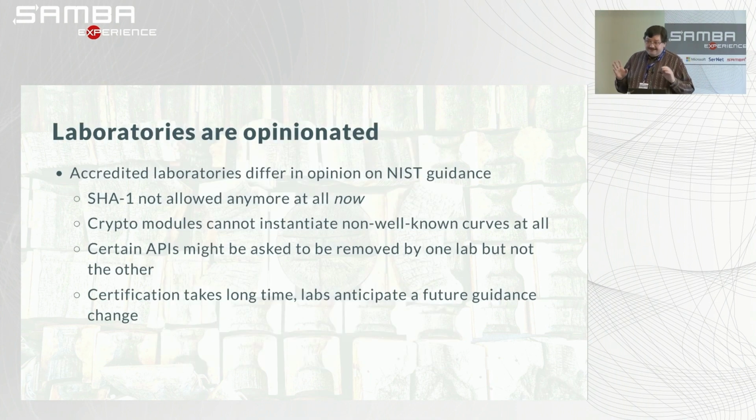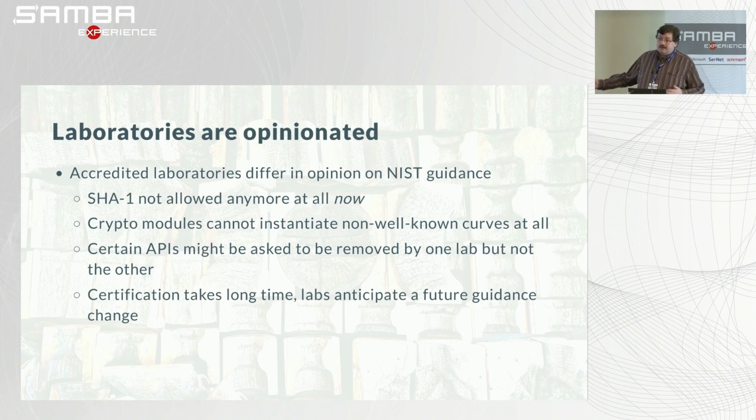But this also means that labs get to interpret this statement strongly or differently depending on the lab. The one that Red Hat is using says you cannot use SHA-1 anymore now, not in 2030. So you have to change your code to disable SHA-1 by default.